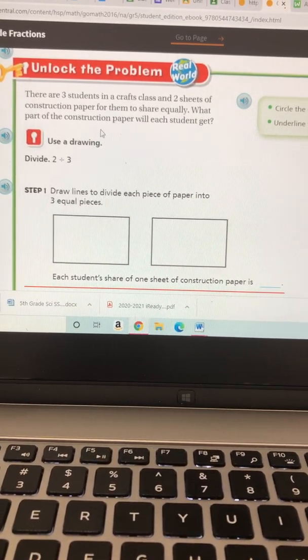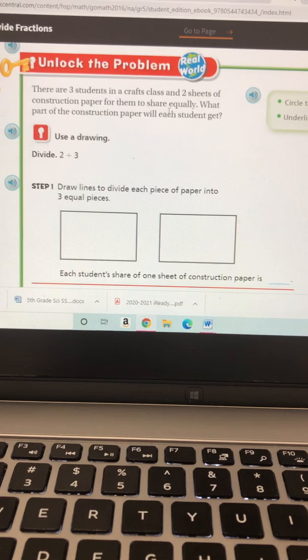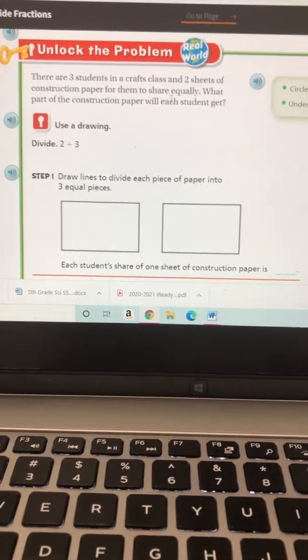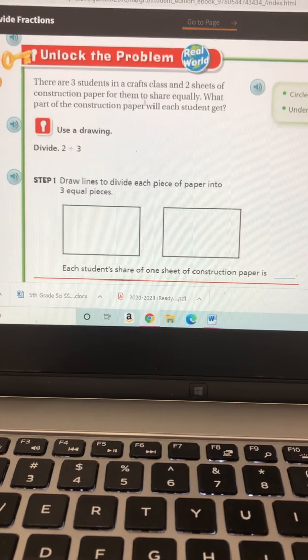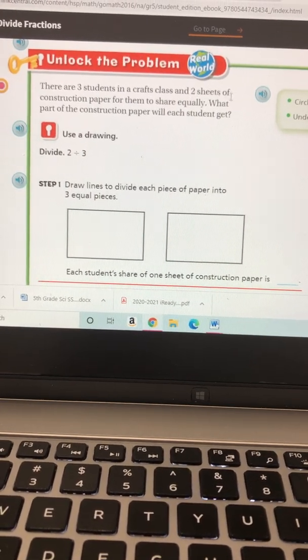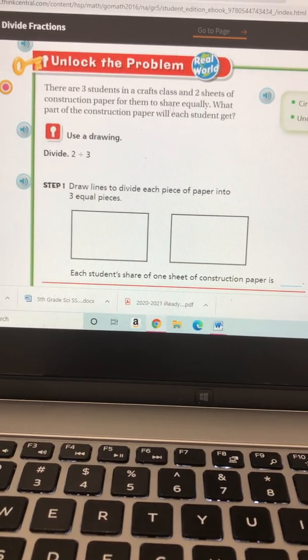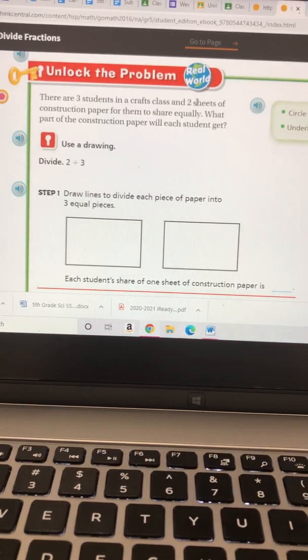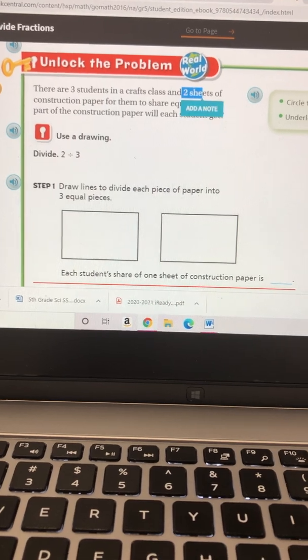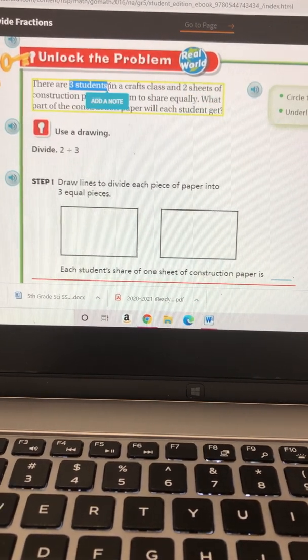Whatever they are sharing is the number that goes first. So it tells us here 3 students and 2 sheets of construction paper. That's what they're going to share equally, right? So they're sharing 2 sheets with 3 students, right?